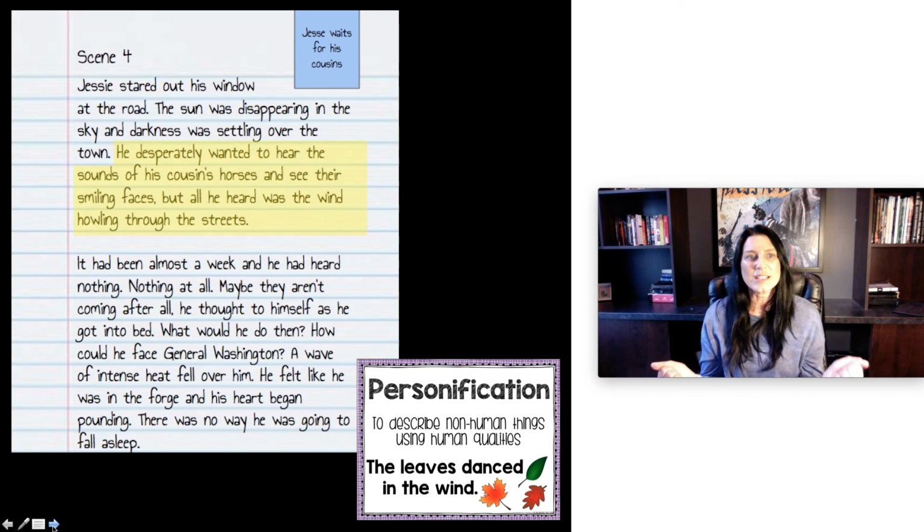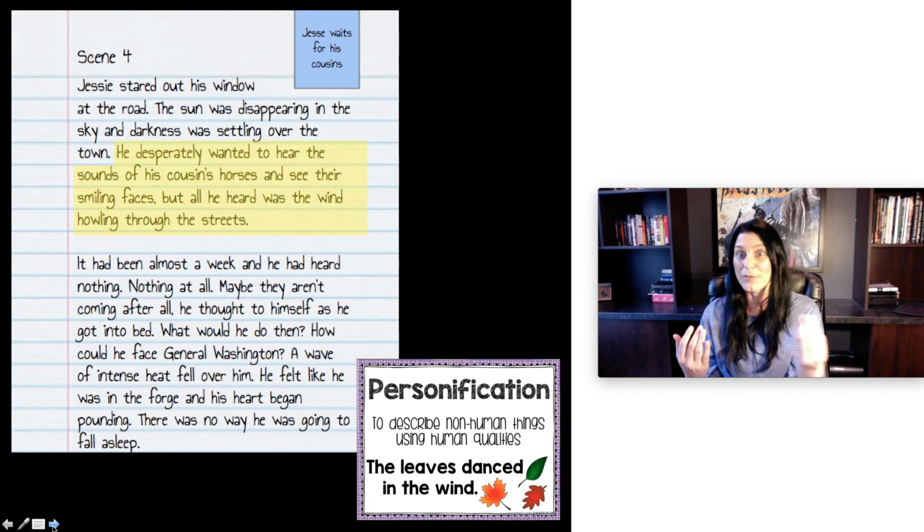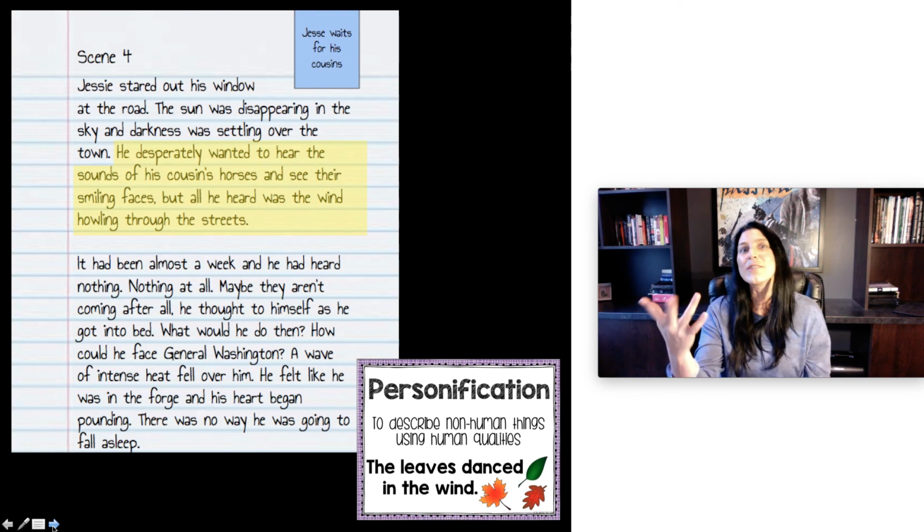So in the yellow it says he desperately wanted to hear the sounds of his cousin's horses and see their smiling faces, but all he heard was the wind howling through the streets. So I gave the wind this human characteristic as it was coming down the street because Jesse was really looking for his cousins to come down the street. So you can see how disappointed he would be in that moment to just see the wind come instead of his cousins.